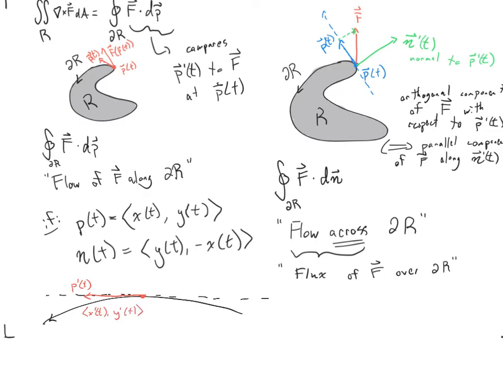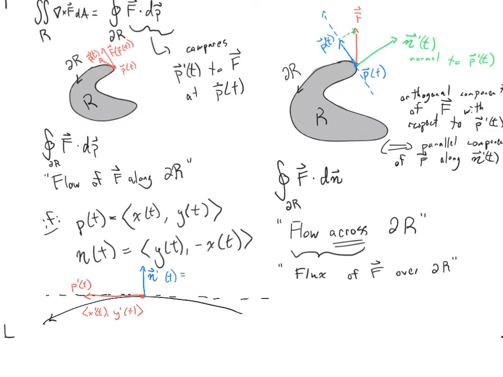then in order to get a normal vector, you should flip x prime and y prime and pick one of them to be negative. We are familiar with this from normal vectors. We're going to make it so that n is always outward facing.